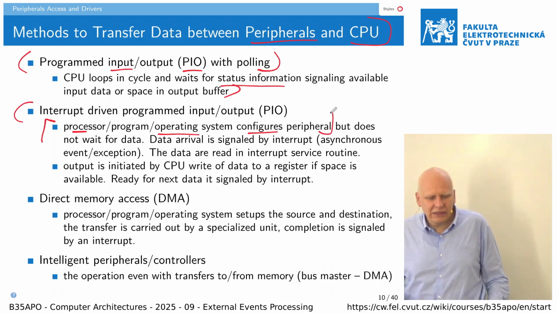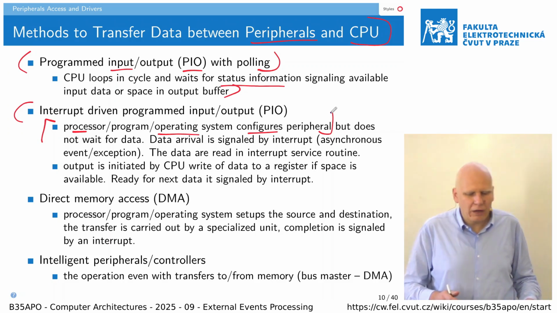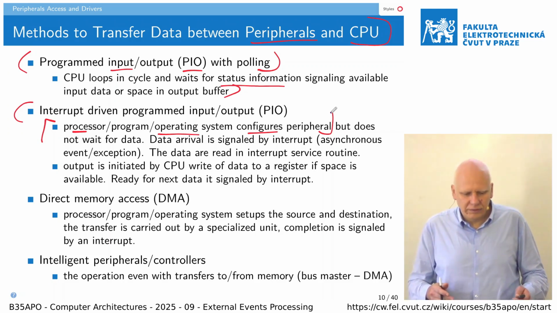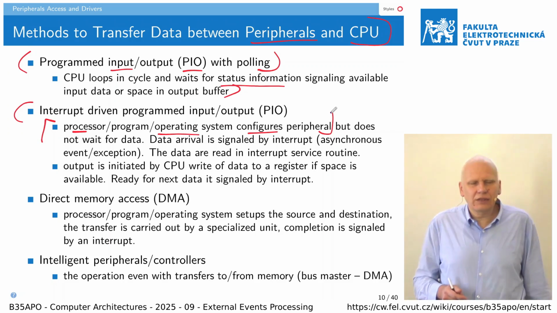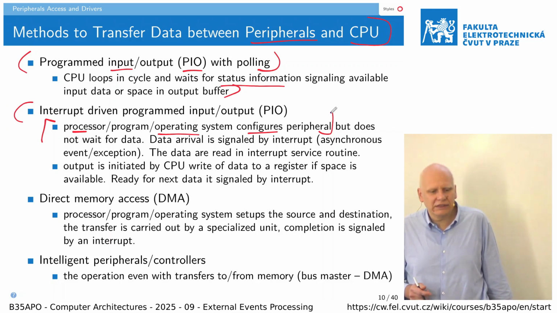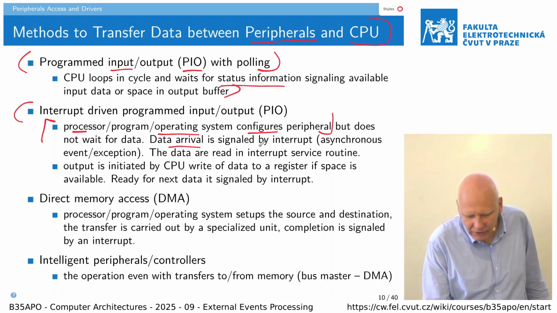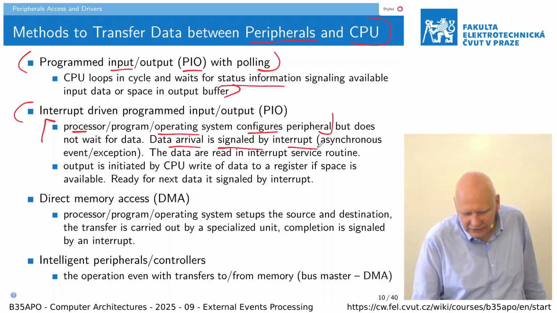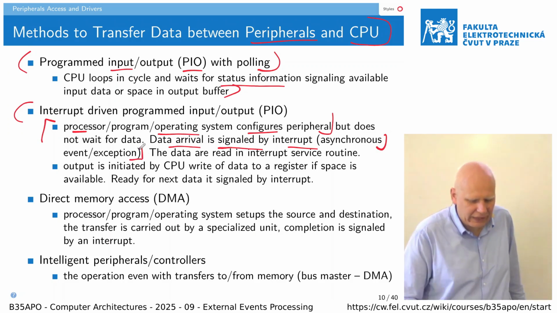Instead, it can sleep to conserve power, or it can start to work on another task. When data are available, this information is signaled by an interrupt, which is called an asynchronous event exception.